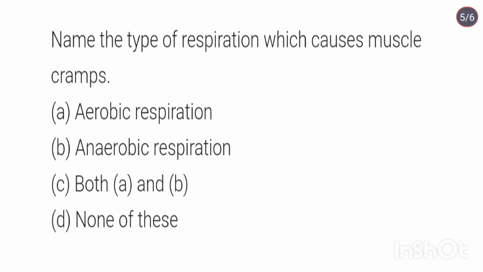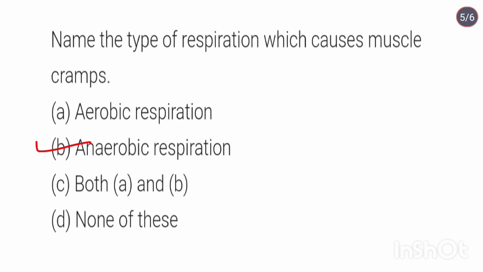Name the type of respiration which causes muscle cramps. Anaerobic respiration. Anaerobic respiration takes place in the cytoplasm.